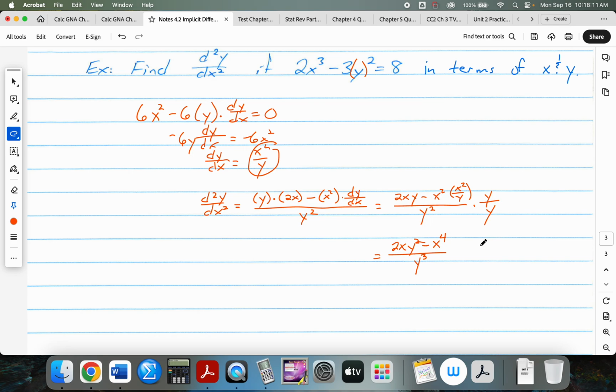Occasionally on these, they get cute with you, and when you get to either dy dx or the second derivative, they go back to the original and say you could simplify this by taking the original, messing with it a little bit, substituting it into this, and you're like, oh, all these terms drop out. Yeah.